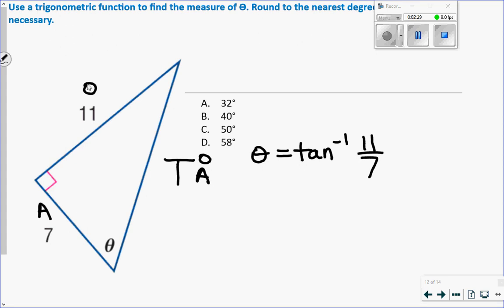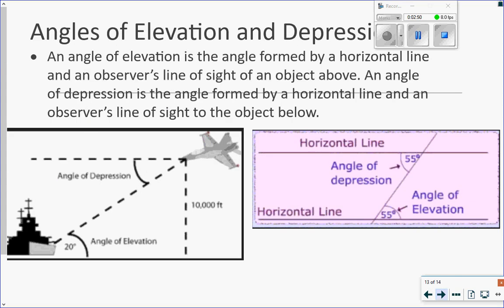Tap it into my calculator. 11 divided by 7. And I'm getting 57.5. And this is multiple choice. So it looks like it would be D. So that's how we do the inverse and solve for a missing angle. Not too hard, not a new concept, but just something we want to review.